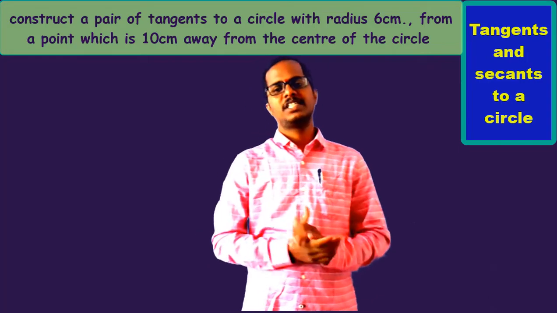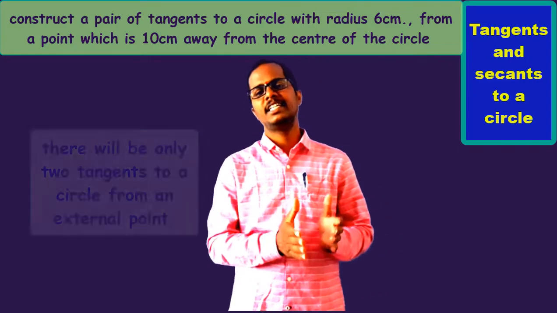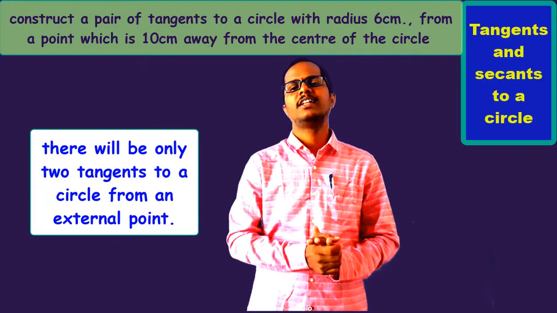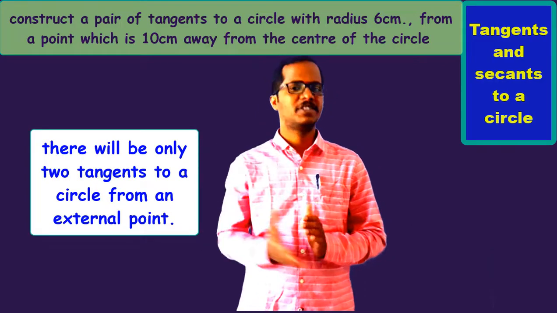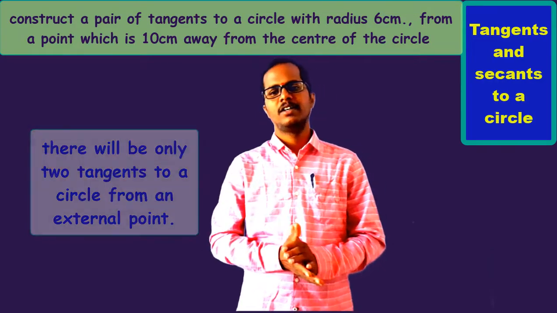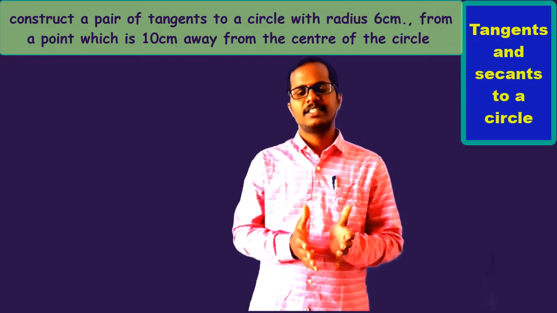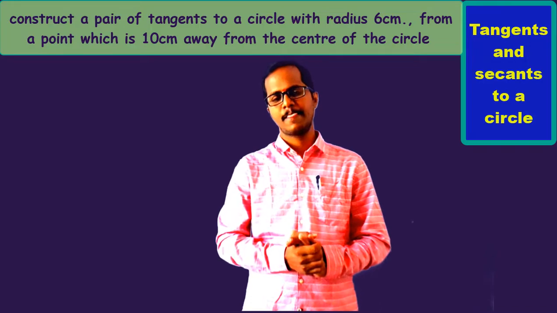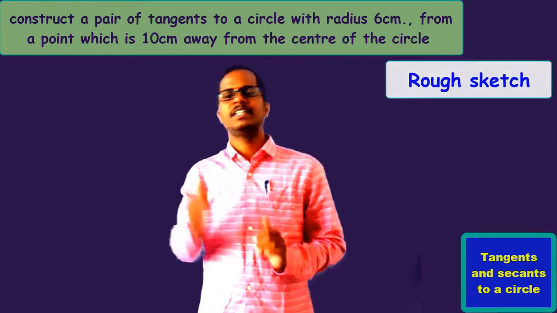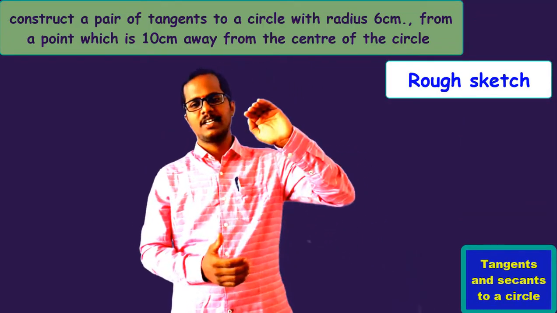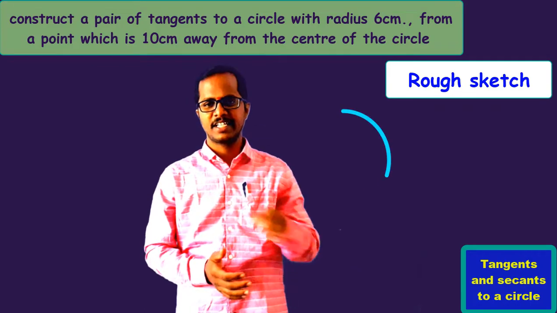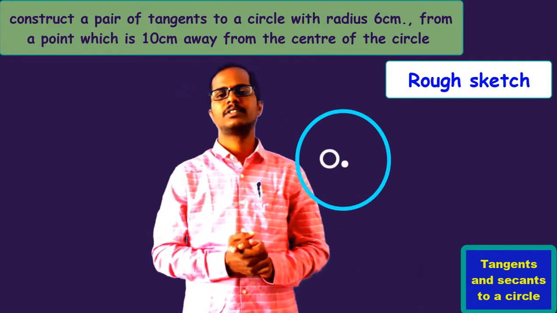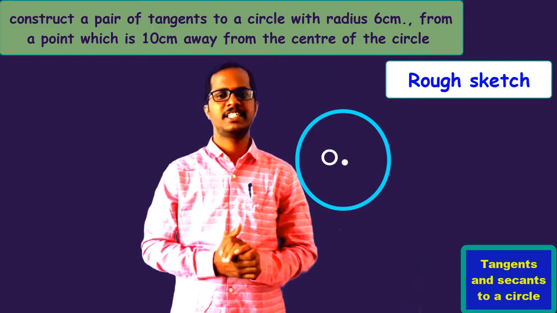We already know that there will be exactly two tangents to a circle from a point which lies outside the circle. To construct the pair of tangents, first we need to draw the rough sketch. We are given a circle with radius 6 centimeters. Let us take a circle, assume its center as O, and its radius is 6 centimeters.